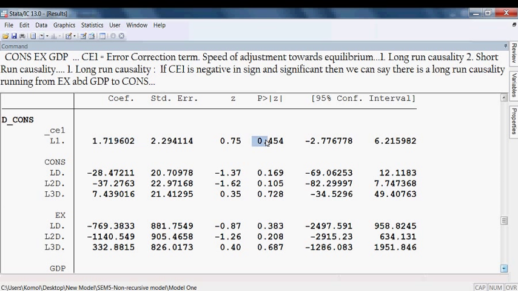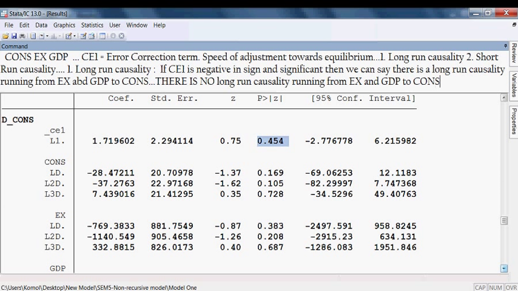And also the probability value is 45.4%, meaning that this one is also not significant, meaning that there is no long run causality running from EX and GDP to cons, right? So that is the decision.